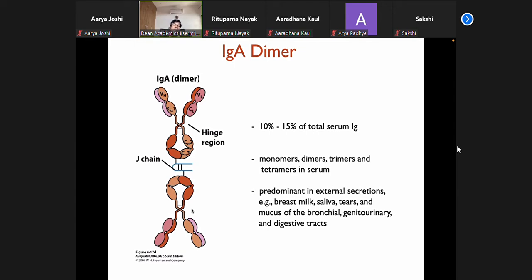Obviously, you can find IgG, but if you find IgG at these sites, it is probably because there is some loss in integrity, and because this antibody was present in blood, through circulation it got there. But for IgA, you don't require any such rupture in the integrity of membranes, so it has a way of getting to external secretions.